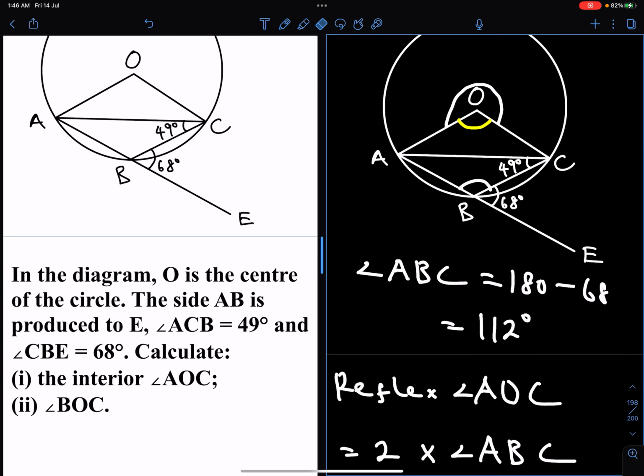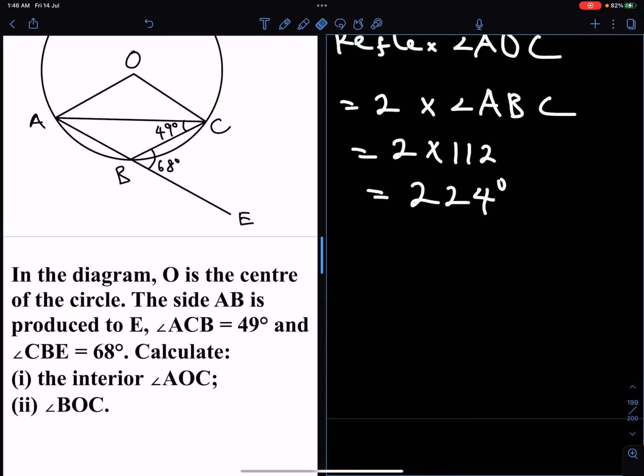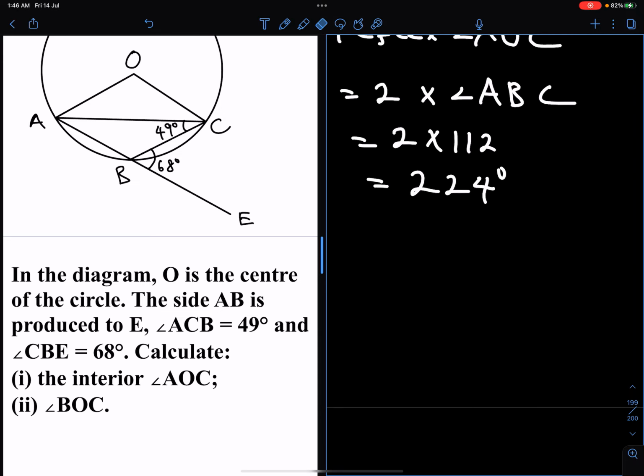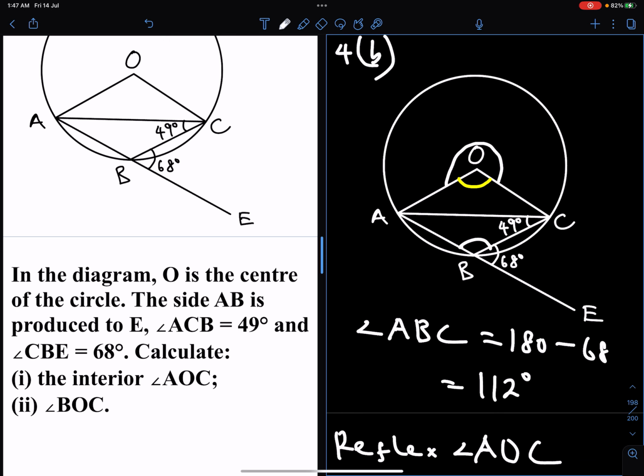Now that we know reflex angle AOC, we can find interior angle AOC. So interior angle AOC is equal to 360 minus 224. And the reason for that is angle at a point.